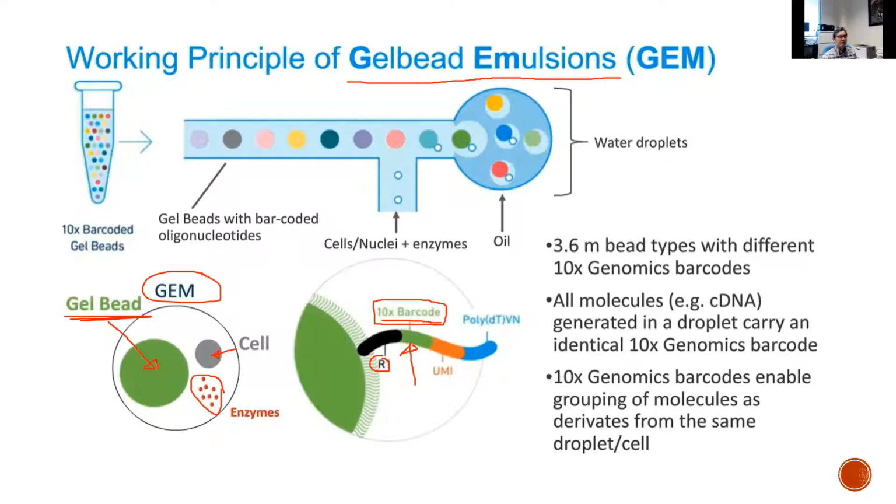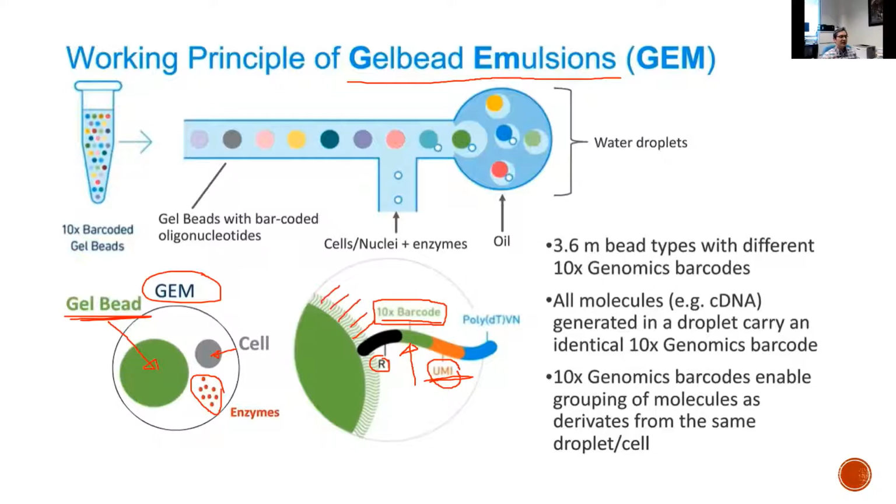There are 16 base pairs. Then for each barcode, the next fragment is a 10 or 12 base pair UMI barcode. The UMI barcode will be unique for every fragment.